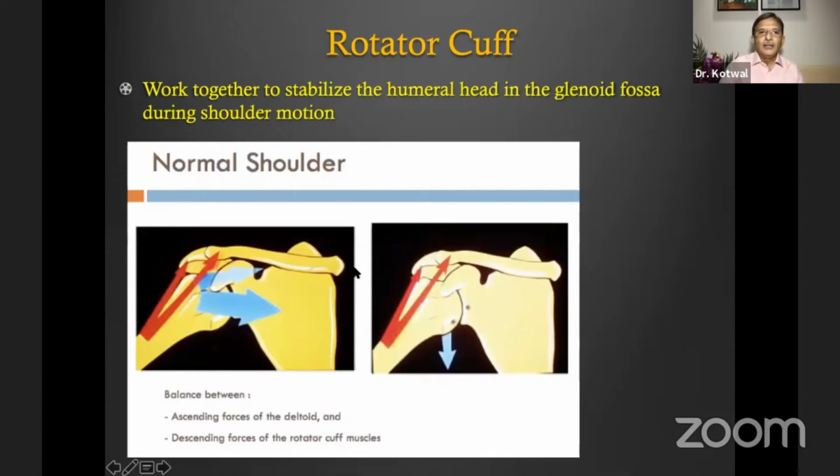In the normal shoulder, the deltoid forces act upwards, whereas the rotator cuff muscles have a force downwards. So when the deltoid is abducting the arm, the rotator cuff will keep it lower down against the glenoid. That will allow the full rotation and abduction of the shoulder. This is the function of the rotator cuff.